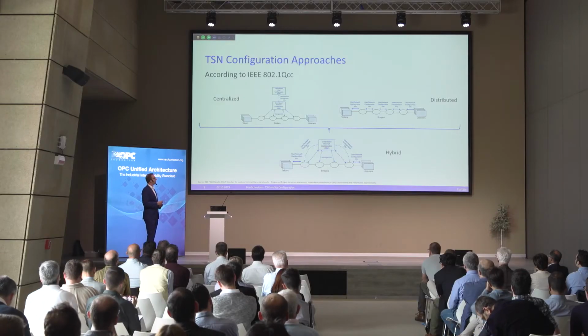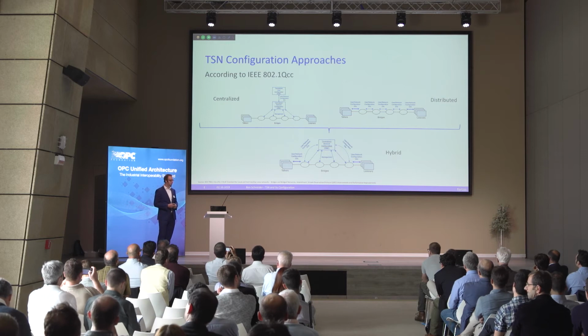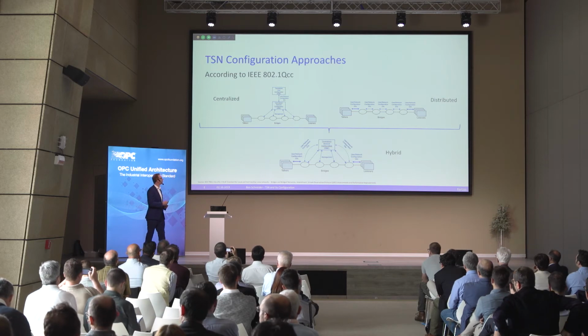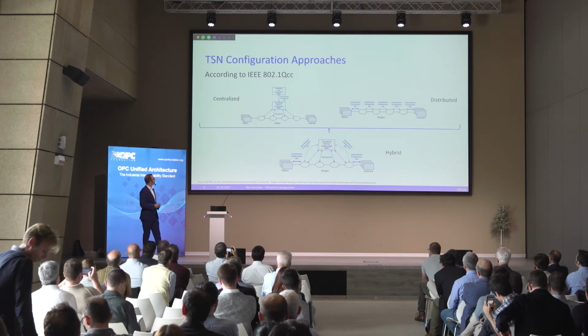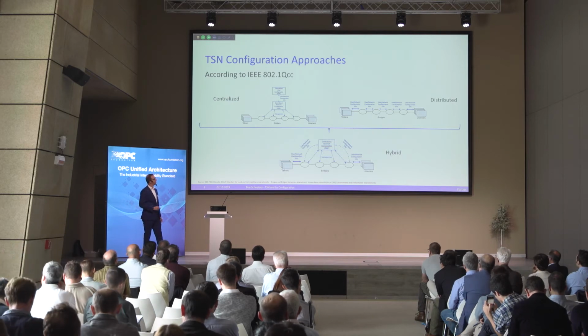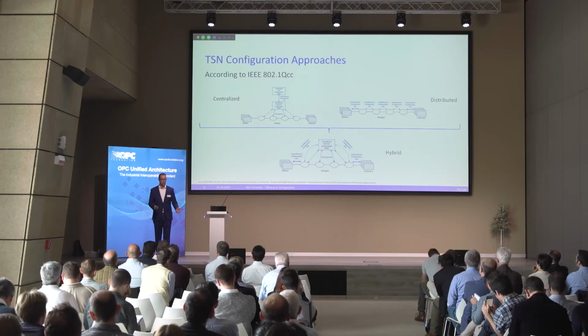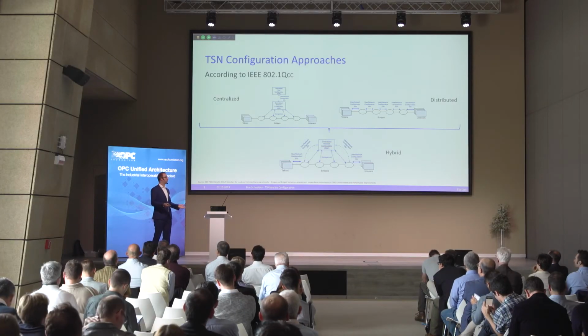So there also is a standard for configuration of TSN networks. It is the 802.1Qcc, which basically describes 3 different approaches. We have a centralized approach, we have a distributed approach, and there is a kind of a combination of both, the hybrid approach.